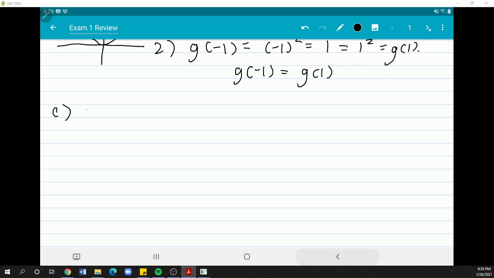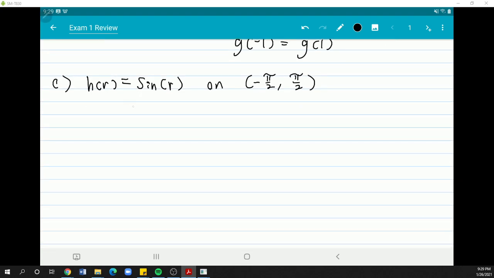Alright, next h of r is equal to sine of r on minus pi over 2 to positive pi over 2. And so we're going to draw what that looks like now. So let's see, 1, 2, 3, 4.